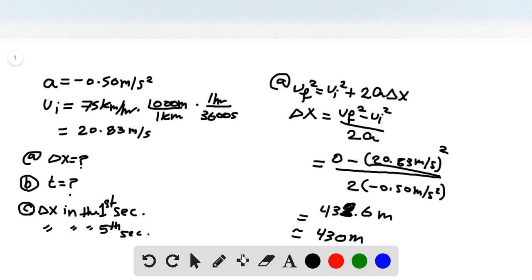For part B, we need to find the time it took for the car to stop completely. So here's part B. We need to find the time. Well, we also know v final equals v initial plus a t.